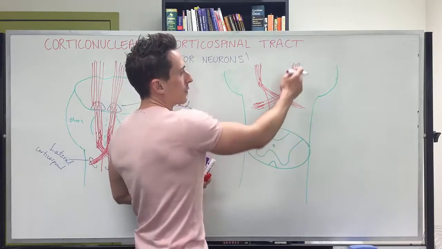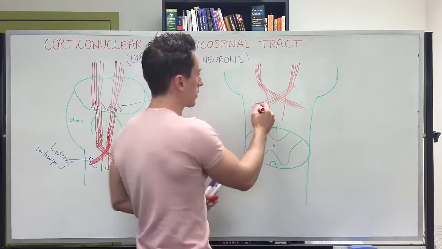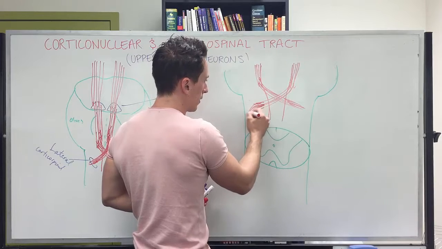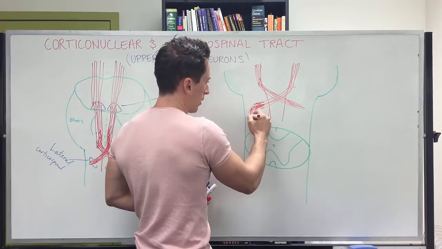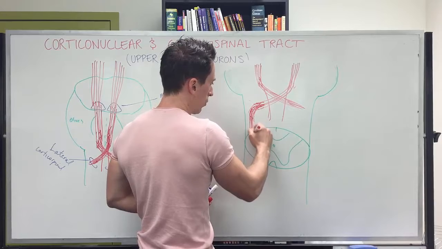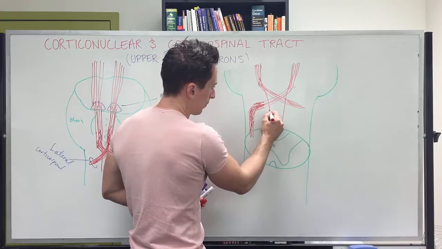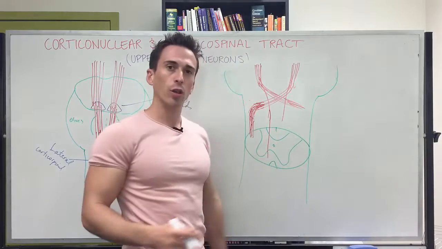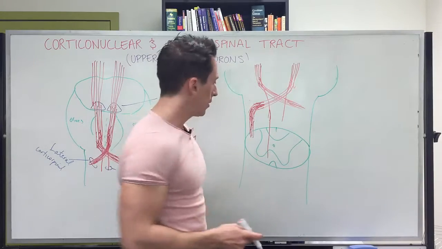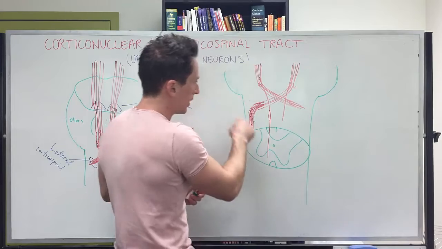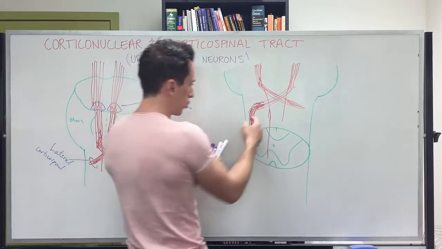All right, for the lateral corticospinal tracts, what you're going to find is as they come down, they move through the lateral white matter. The anterior move through that ventral white matter. And when they synapse, let's first talk about the lateral tracts.